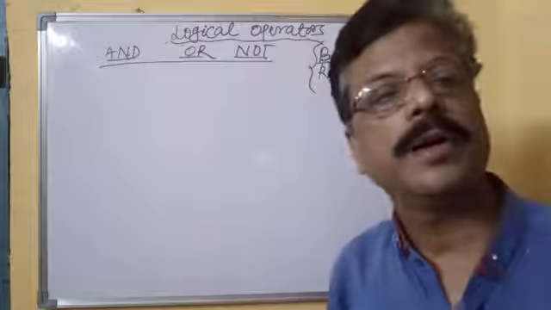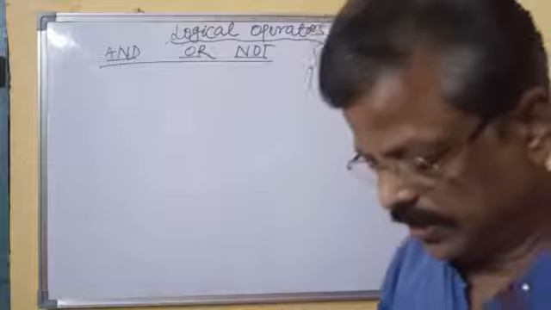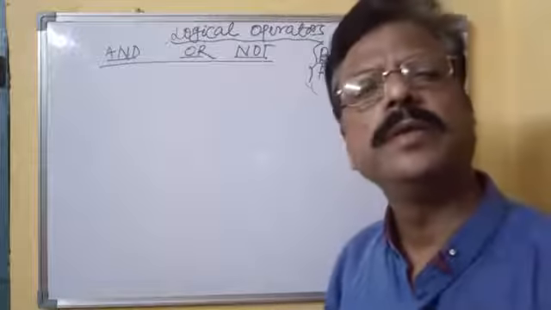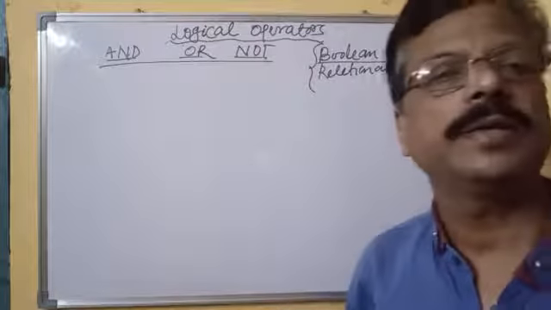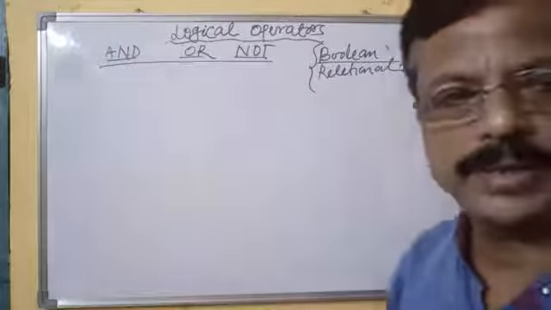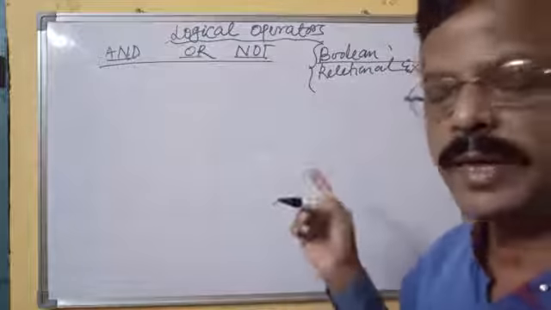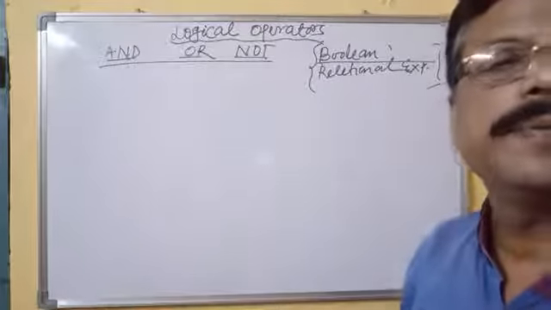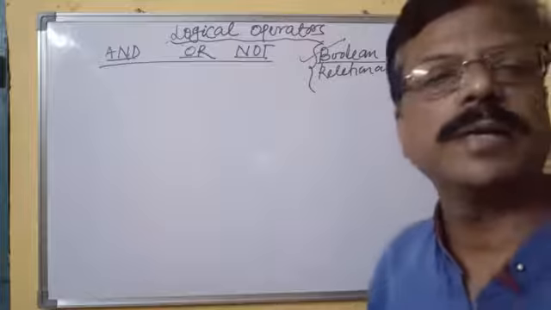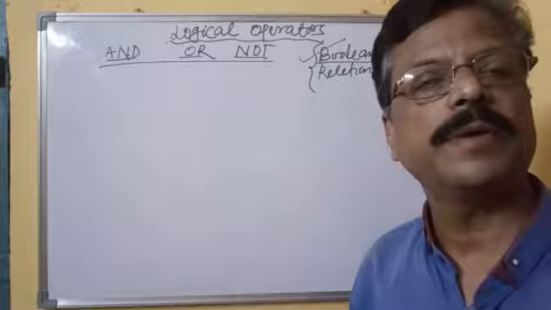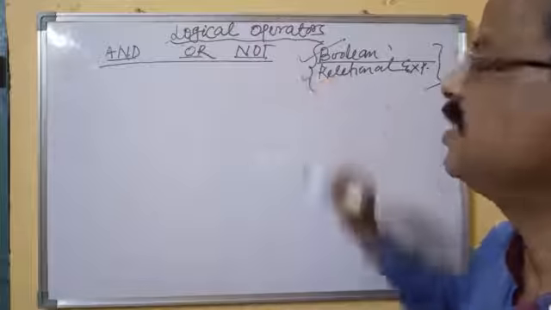But other values like integer values, fraction values or character values cannot be written directly with these logical operators. The logical operators need only two categories of values: boolean values, whose answer is a true or false type of answer, and relational expressions.